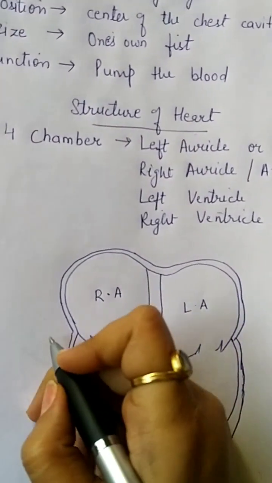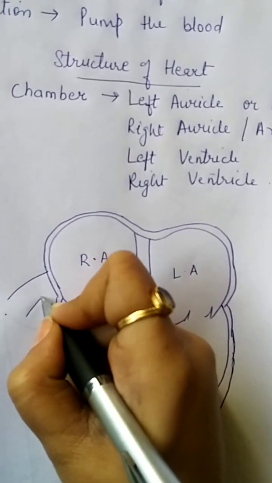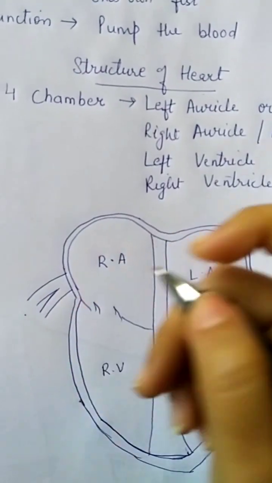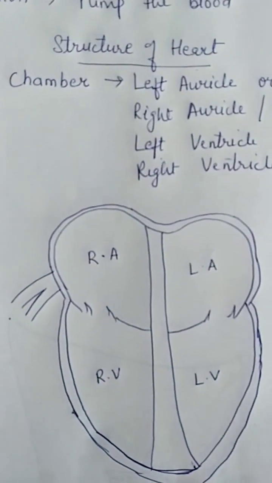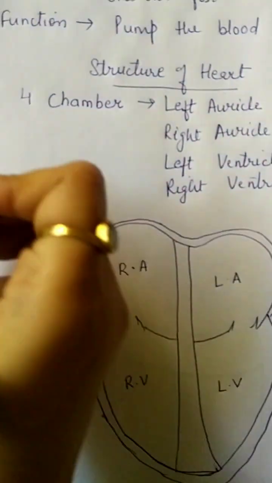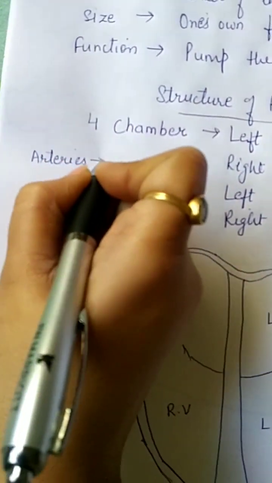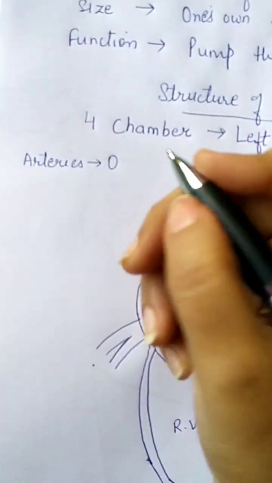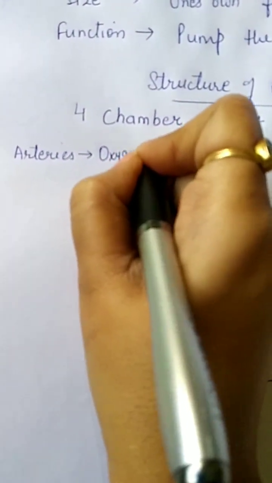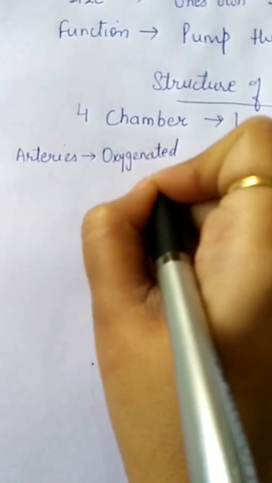So there are two vena cavas, that is veins. See, we have already studied that there are two types of blood vessels in our body, that is arteries and veins. Arteries carries oxygenated blood, that is oxygen rich blood.